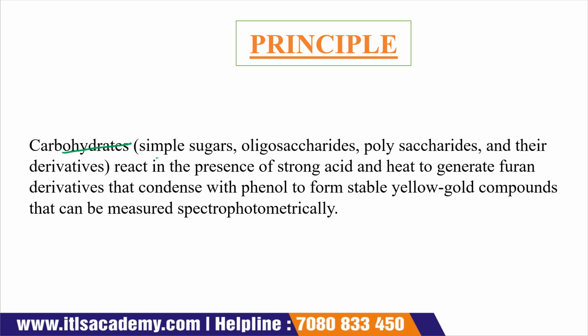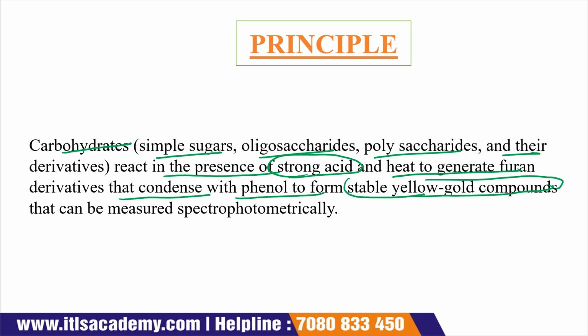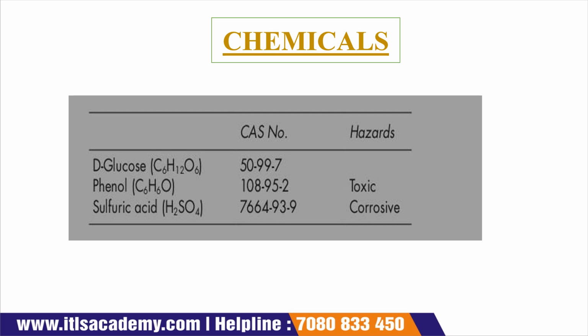Carbohydrates, like simple sugars, oligosaccharides, polysaccharides, and their derivatives, react in the presence of strong acid and heat to generate furfural derivatives that condense with the phenol to form a stable yellow-gold compound that can be measured spectrophotometrically.